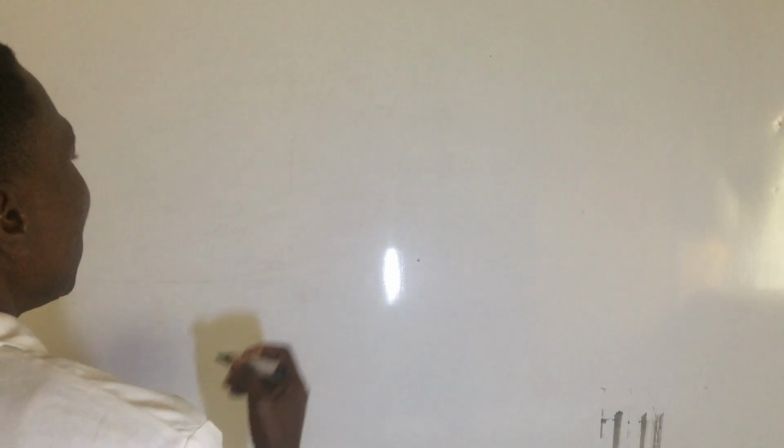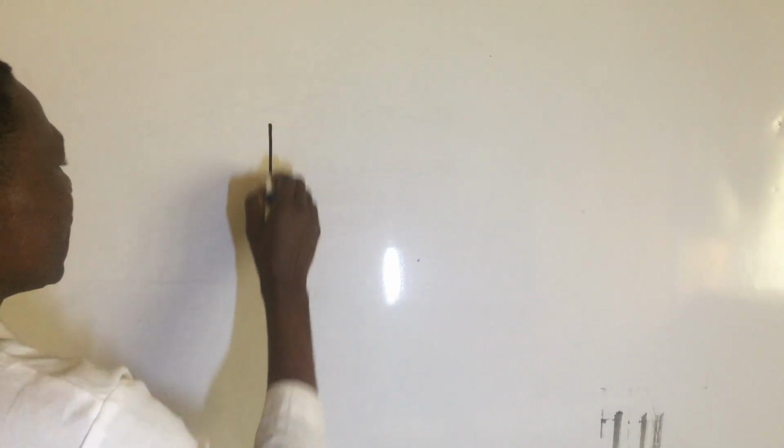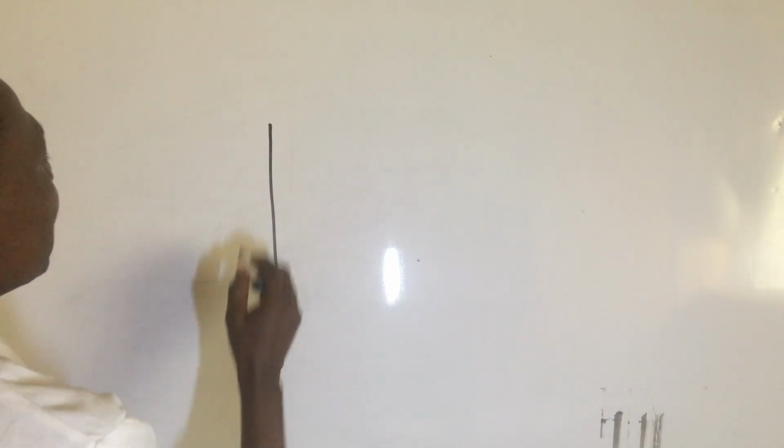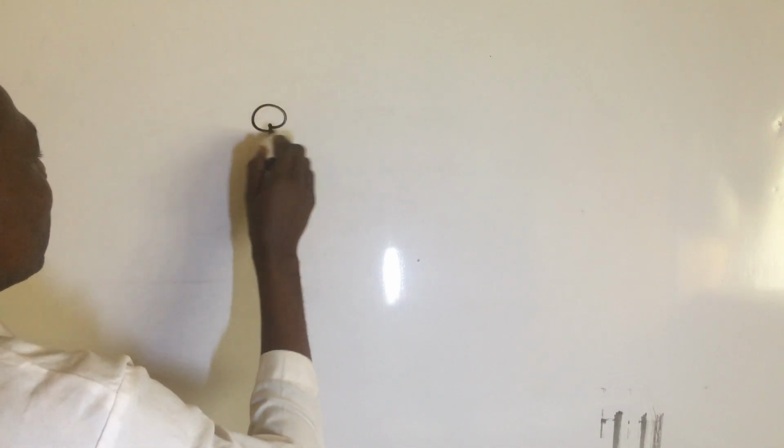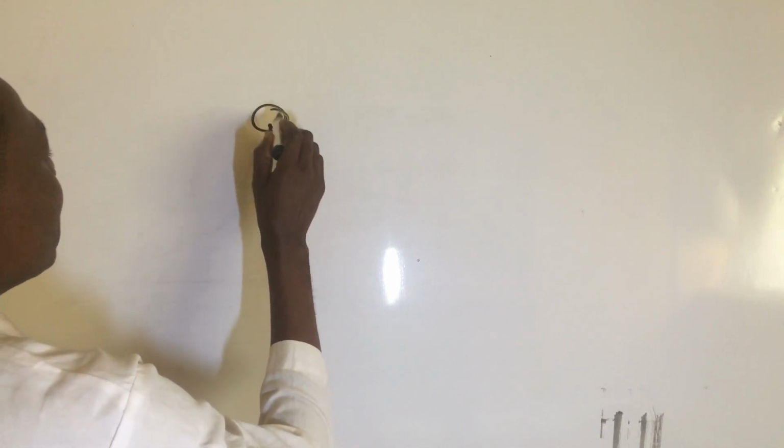Before you can measure the angle of elevation, first of all, you have to consider your eye level. What do I mean by eye level? For example, if this is a human being and this is the head of the human being, the person has two eyes.